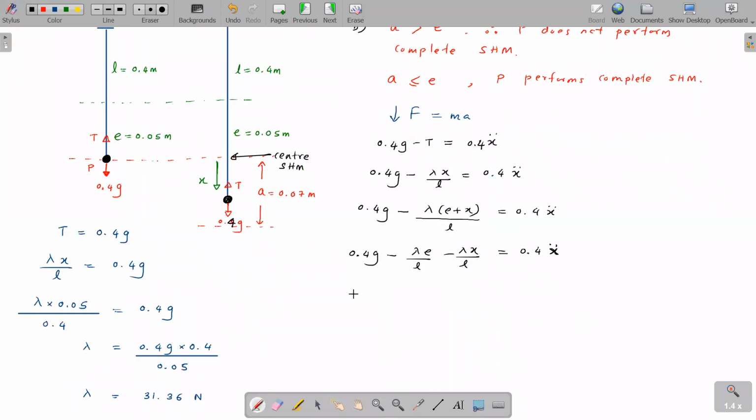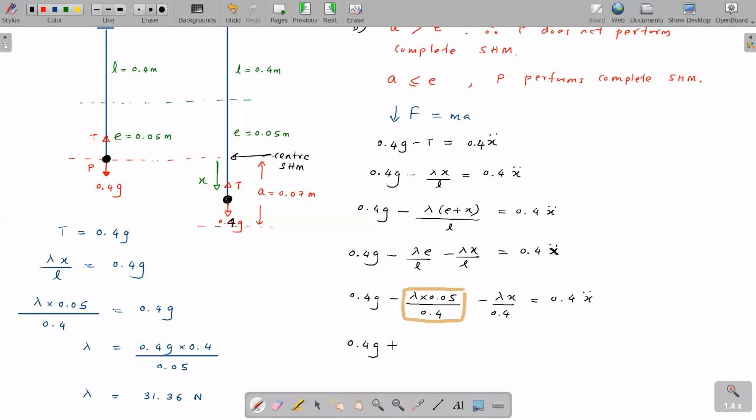So I get 0.4 g minus lambda E over L. Guys, can you see? The E value here is 0.05, and the natural length is 0.4, minus lambda x over the natural length 0.4. Do you see something here? Lambda times 0.05 over 0.4 is 0.4 g.